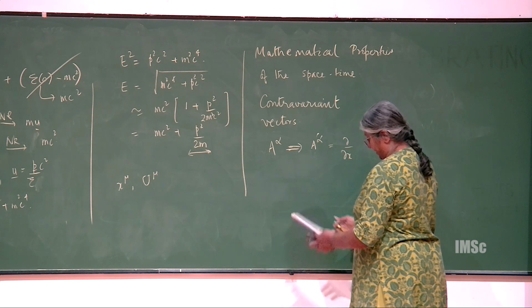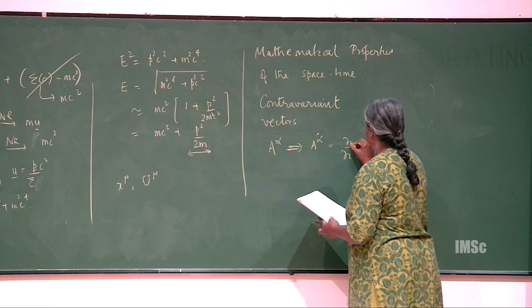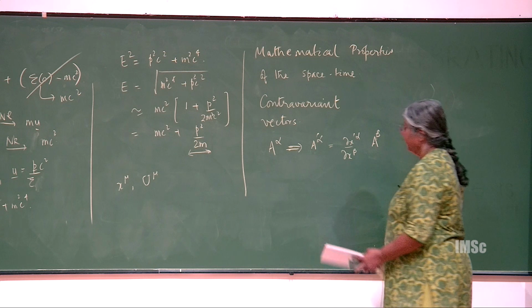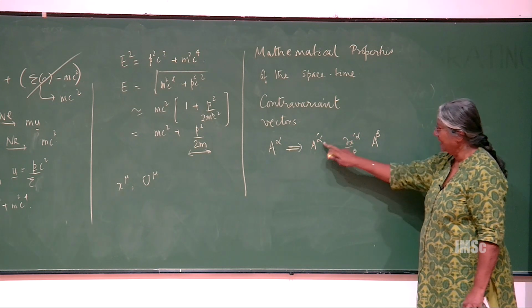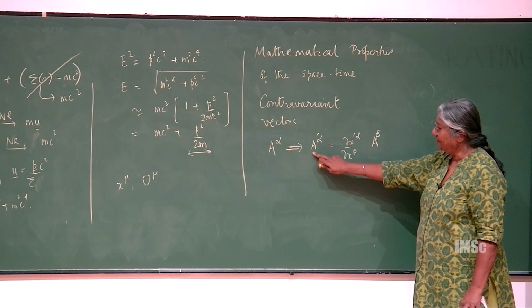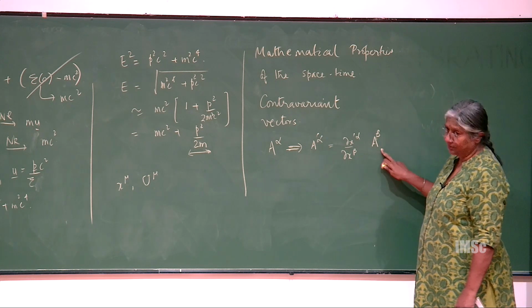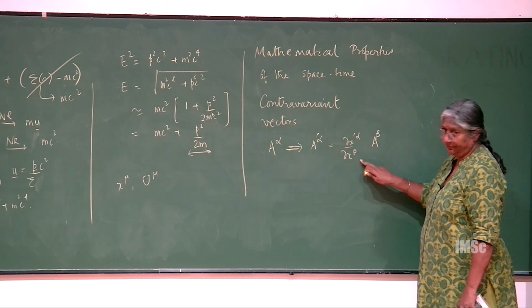So let's write the notation a little carefully. So here I have a prime, okay, now you see the prime is on the top here, alpha and some beta and beta. So the primed objects in the sigma prime frame will be related to the objects in the sigma frame with this prefactor.